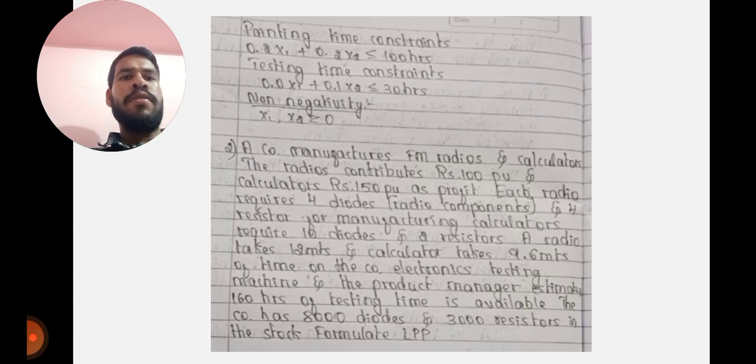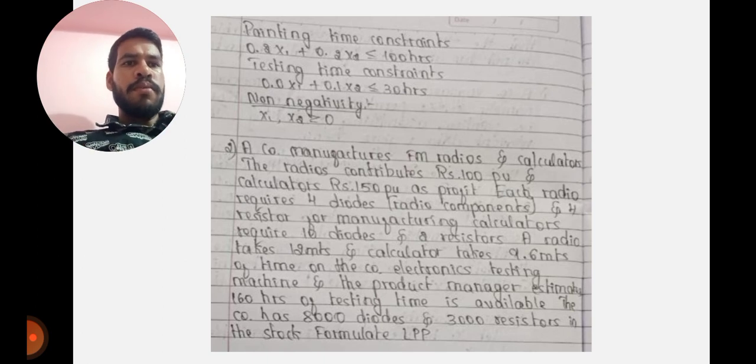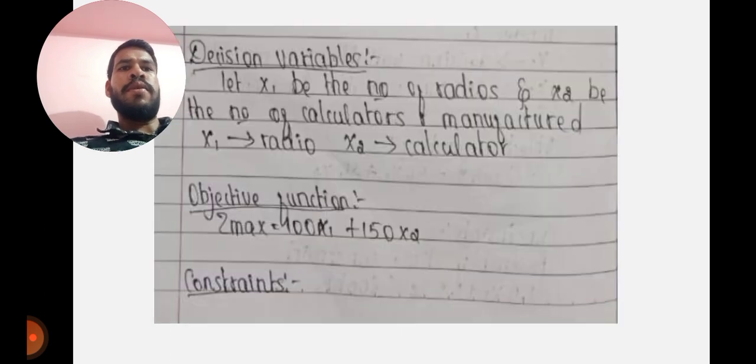A radio takes 12 minutes and a calculator takes 9.6 minutes of time on the company's electronic testing machine. Managers estimate 160 hours of testing time is available. The company has 8,000 diodes and 3,000 resistors in stock. Formulate the LPP.